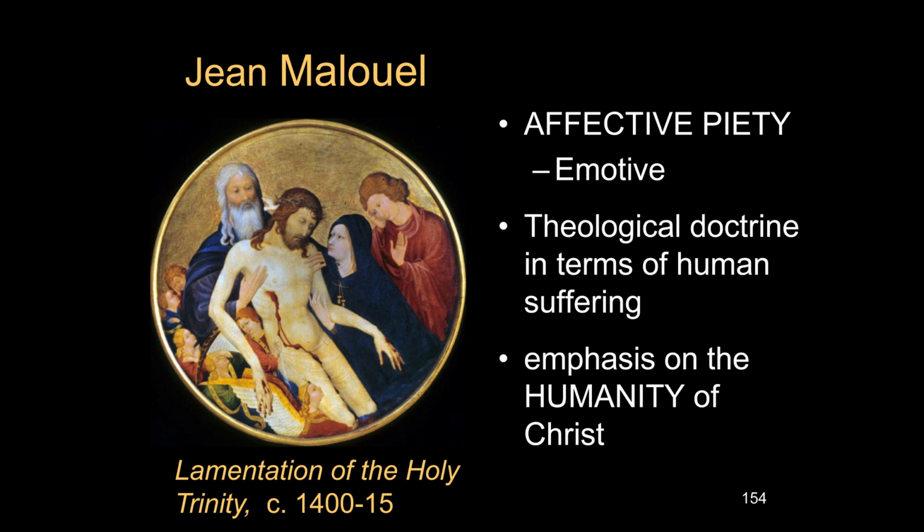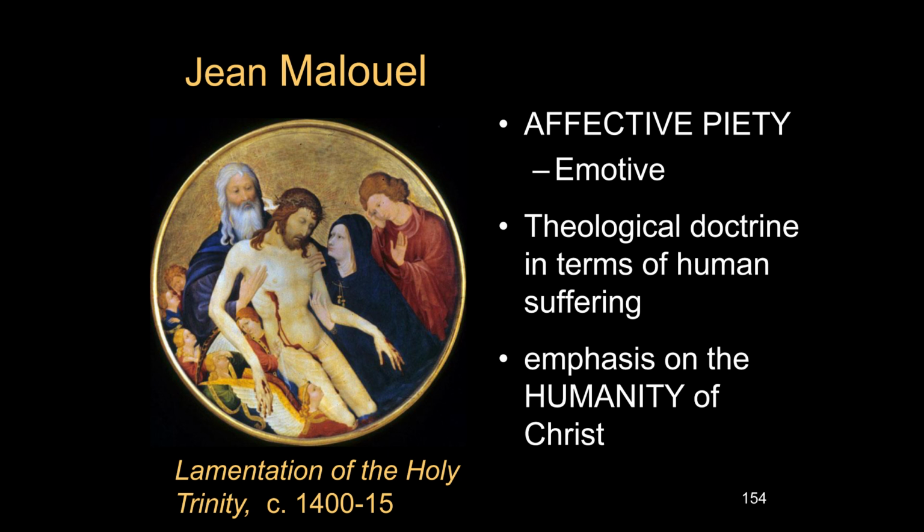This also is an example of something that we'll see very frequently in Northern art, what's known as affective piety. In other words, emotional responses to religion. The idea that when you see an image of the suffering Christ, you should weep, you should suffer, you should imagine how Christ and Mary felt. You should try to feel the same way.